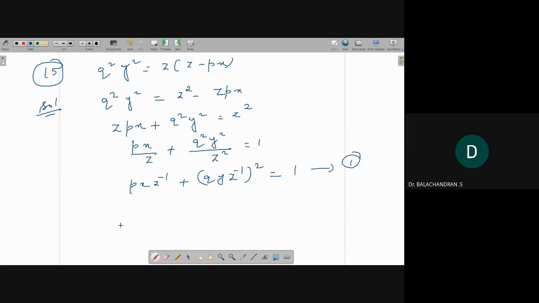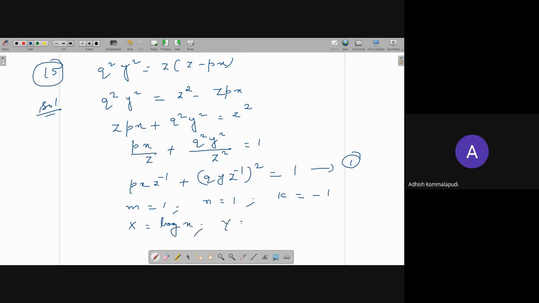Here you can find the value of what? K is equal to minus 1, sir. M we can find. M is 1, N is 1, K is minus 1. So what is the substitution? If M is 1, capital X is log X. N equal to 1, capital Y is log y.